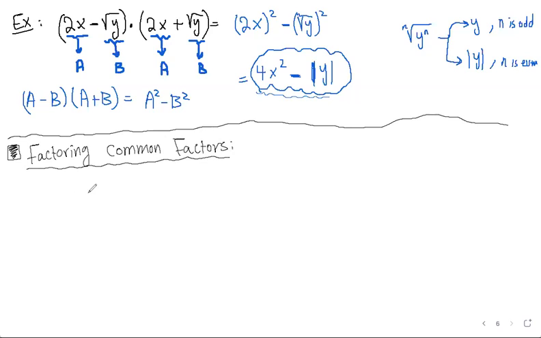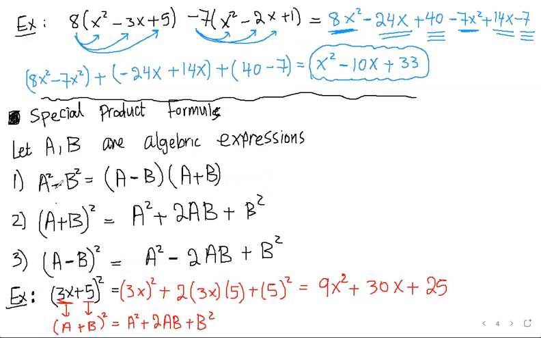So first, I will teach you how to factor common factor, but first I have to give you a definition. If I see something like x squared minus 4, the factor for this one is x minus 2 times x plus 2, by using the property in the back, number 1.